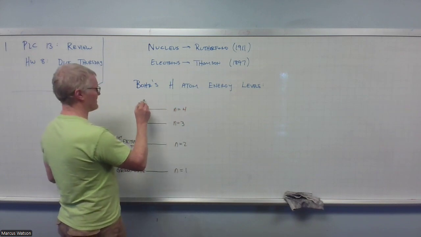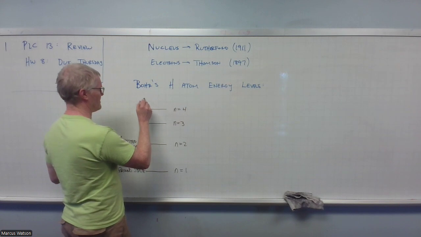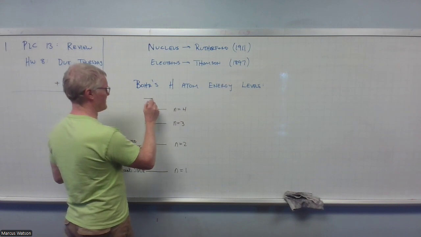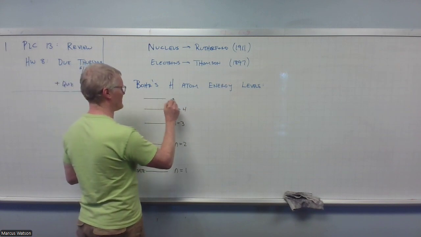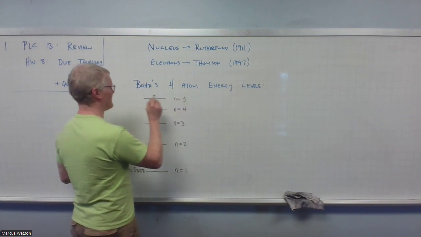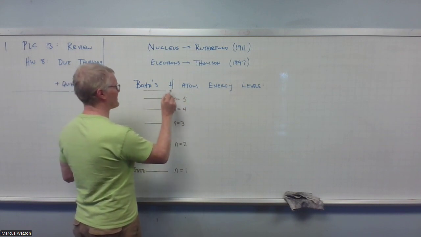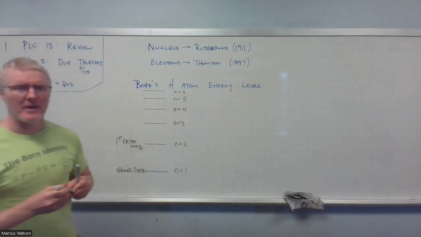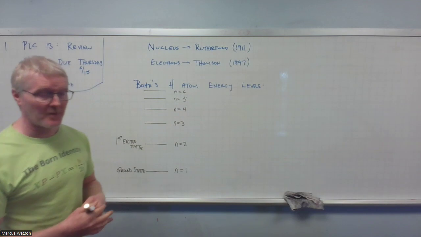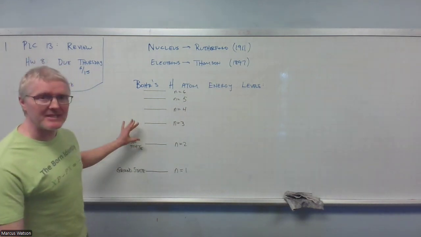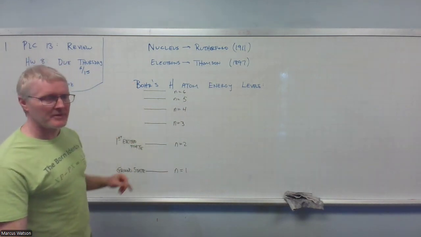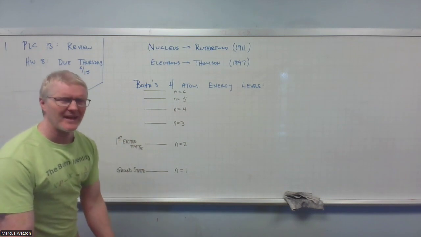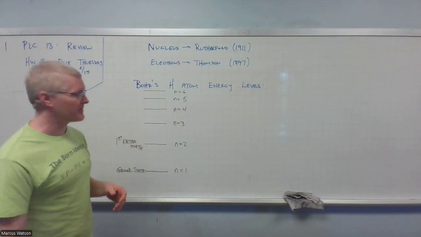Here's the 5-state. 6. Okay, I'm trying to be very careful about how I'm drawing these levels because the spacing is decreasing between successive levels. And we'll talk about kind of how we know that in a few minutes.